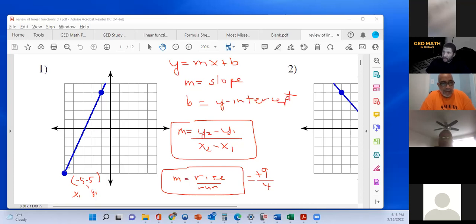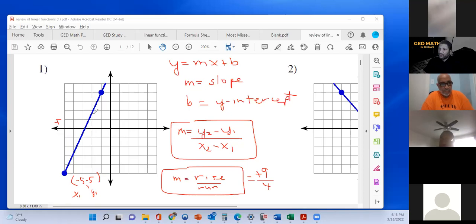Watch. Right here on the y axis, go up here. 1, 2, 3, 4, 5. That's -5. Come over here, 1, 2, 3, 4, 5. That's -5. Got me? So our point is -5, -5.